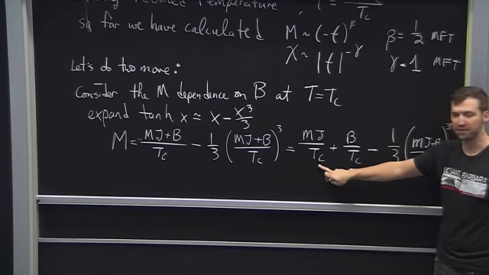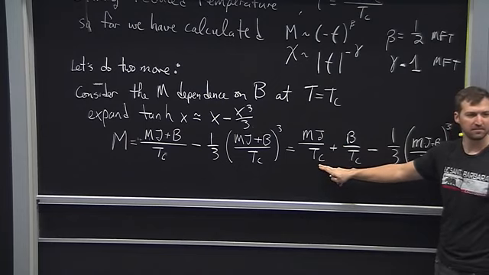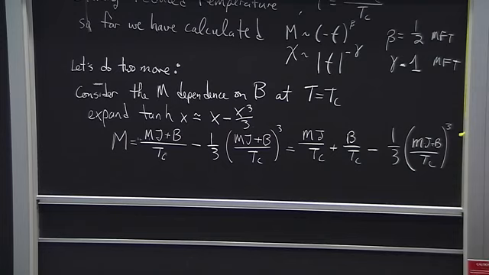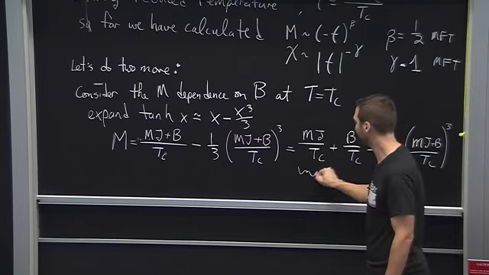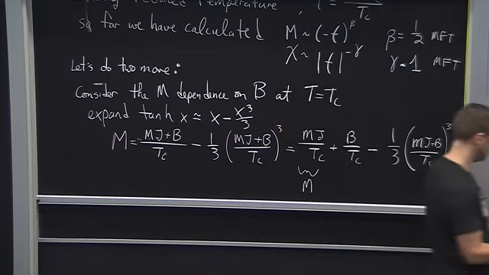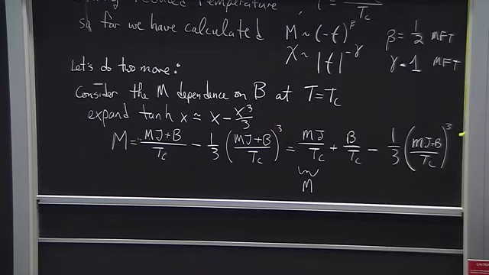What's J over Tc? One. Remember? That's the mean field solution, right? So this term here is just m. We got m. So we can solve this for B, the B field.